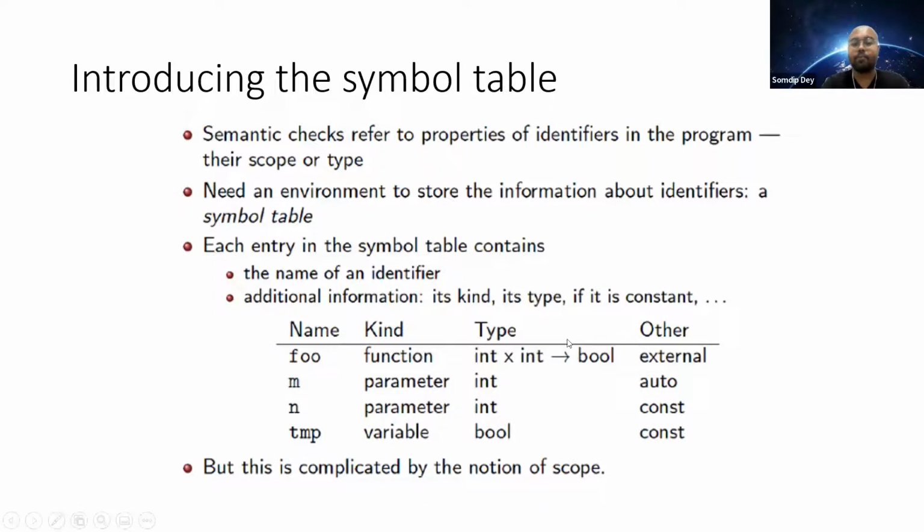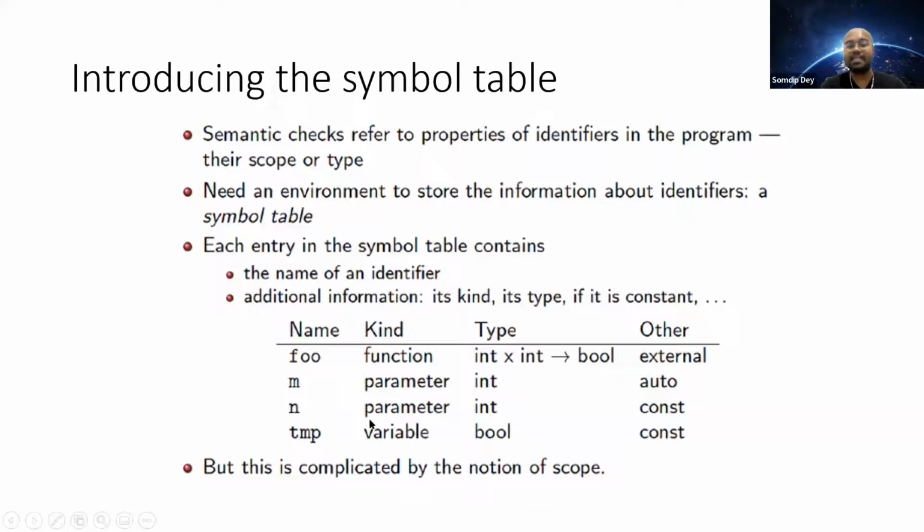So this is an example of the symbol table where, let's say, you have the name, which is foo. We know that it is a kind of function. And the return type, it could be something like you pass the arguments, 2 integers, and the return type might be Boolean instead.